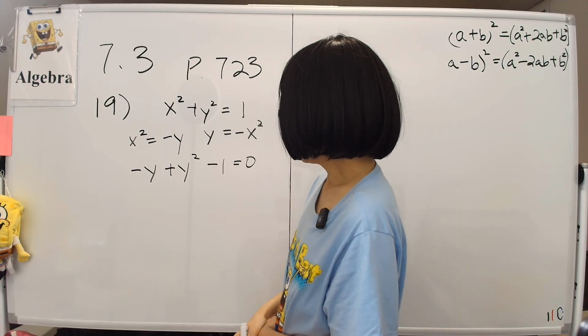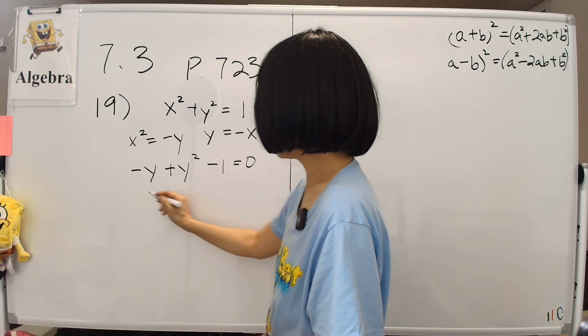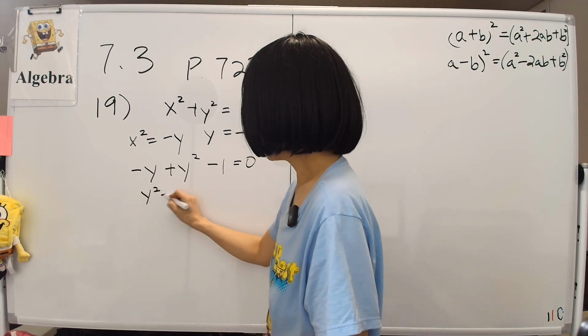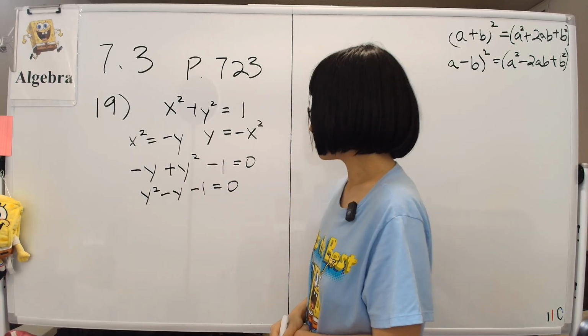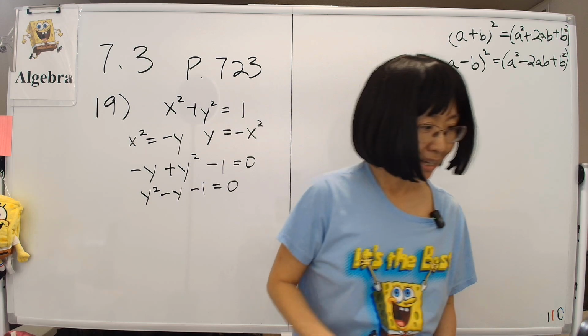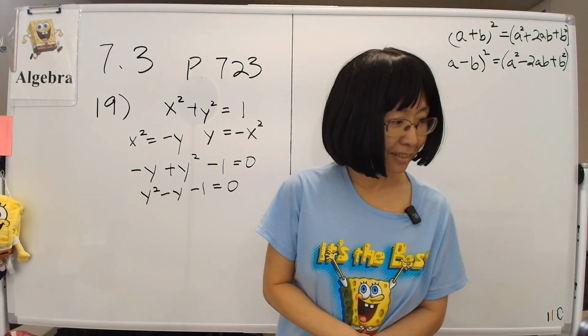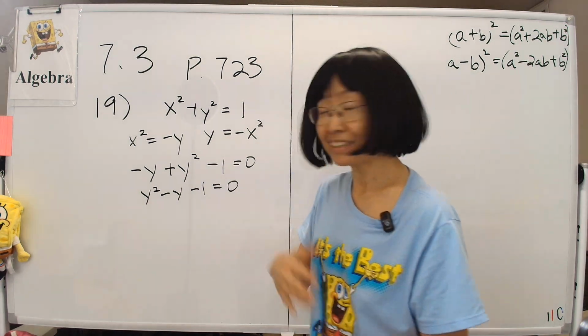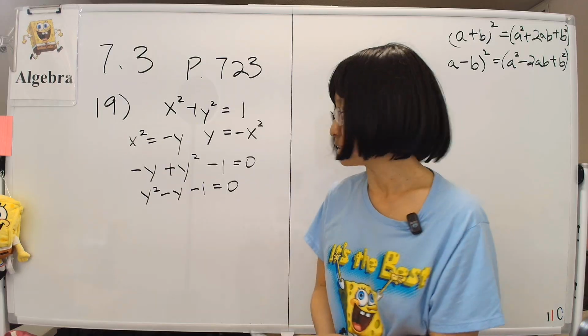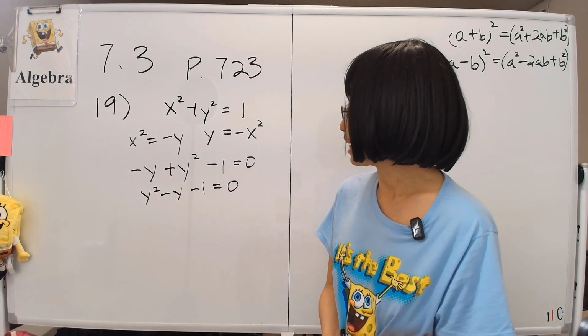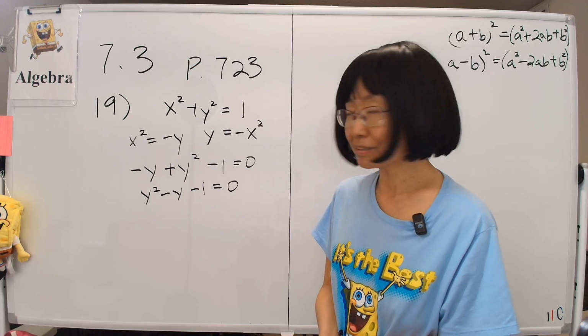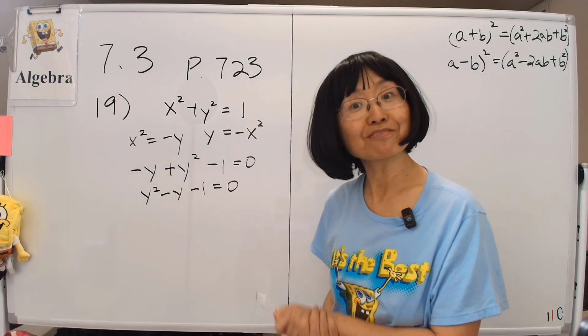And we'll write it another way: y squared minus y minus 1 equals 0. That is not good. We're still doing the right thing. It's just that it doesn't have a very neat, clean answer. So we're stuck with using the good old quadratic formula.